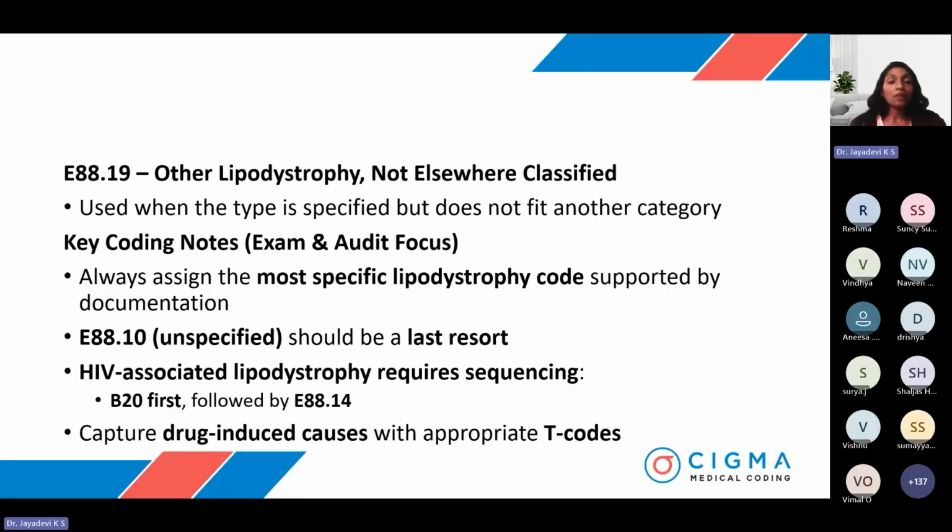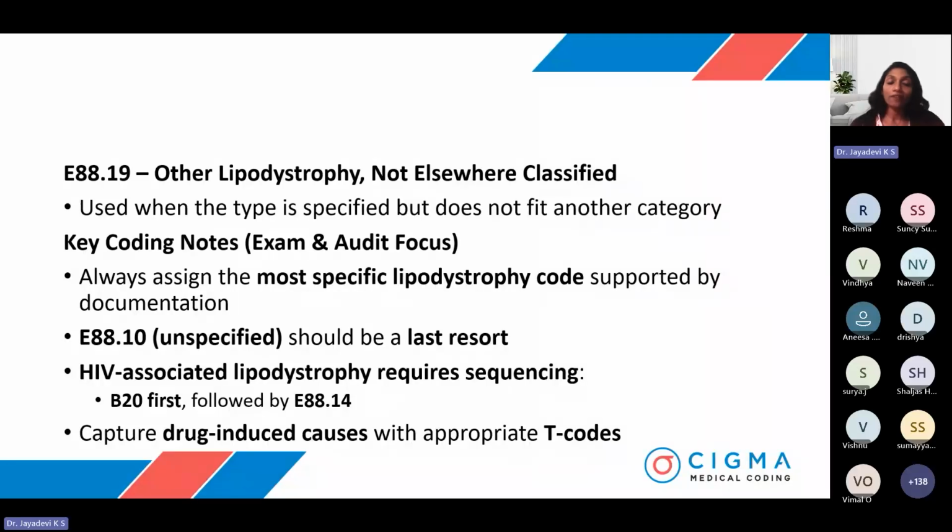Now, always assign the most specific lipodystrophy code supported by the documentation. E88.10 should be the last resort. That is the unspecified code. You should never use it in a hurry. You must go through the chart carefully before going into the unspecified code. Now, if it is HIV-associated lipodystrophy requiring sequencing, you have to code B20 first, followed by E88.14.